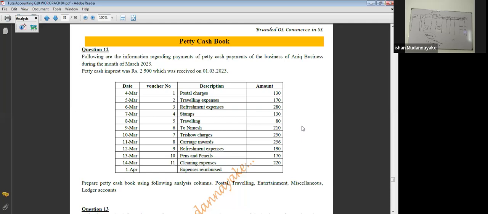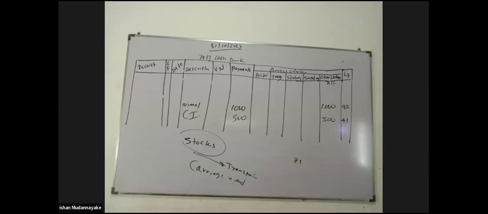Before going to this one, I think today we can't do this question because of time limitation. Next day we'll discuss at least two or three petty cash book questions.